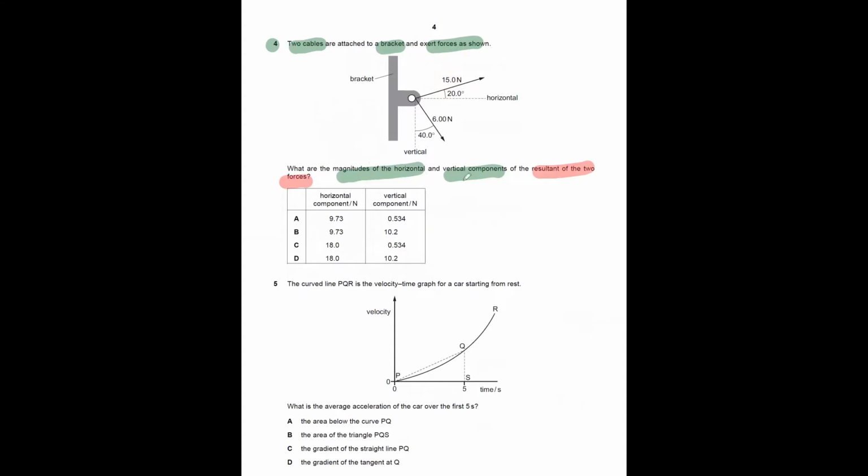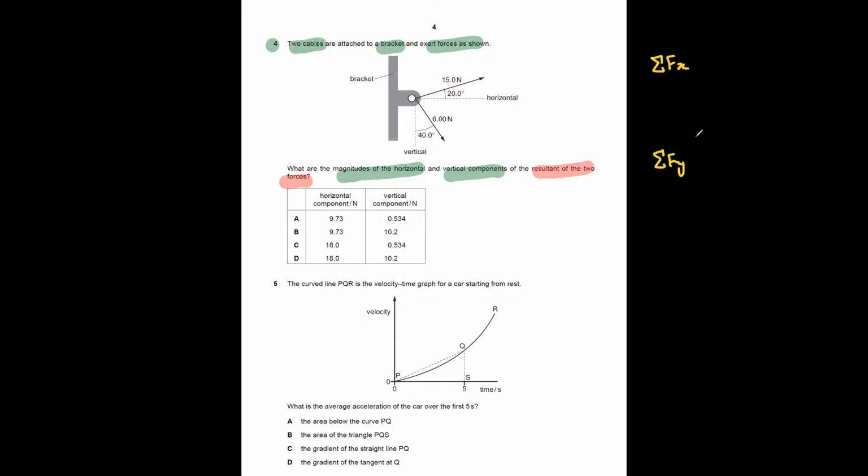What they're actually asking you to do here is to find the sum of your horizontal forces as well as the sum of your vertical forces. That's what the statement actually meant. All right. So you want to find the sum of your horizontal force followed by the sum of your vertical force.